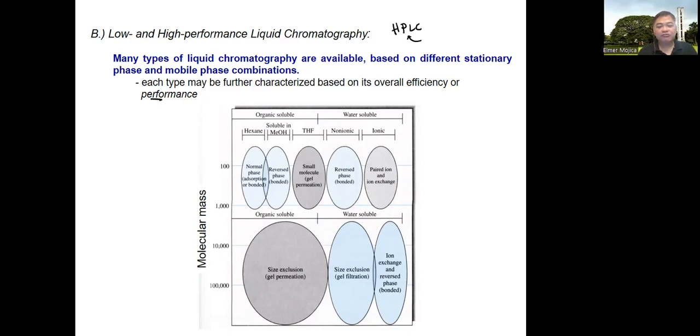So we start with the molecular mass. When we have the so-called low molecular weight, or what we call small molecules, the first way for you to separate or classify them is in terms of their solubility.